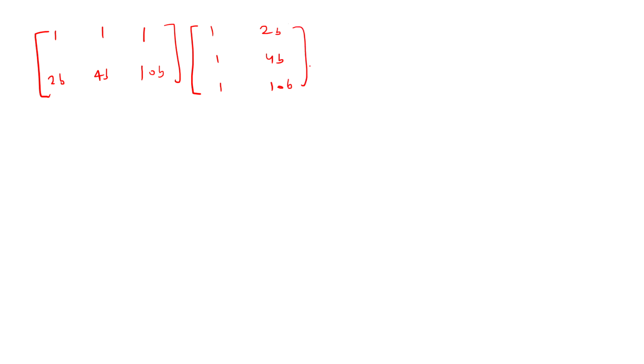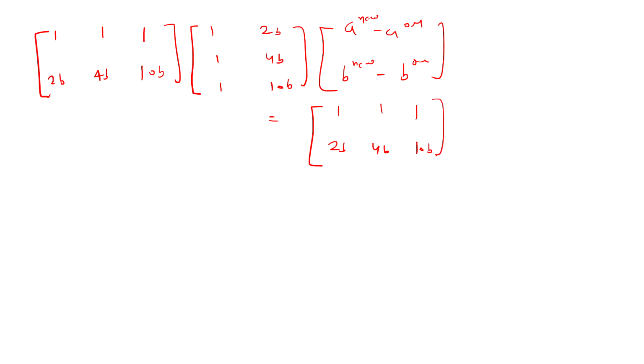So we have this 1 1 1, 2b x1 is 1, 2b x2 is 4b, 2b x3 is 10b, and then we have this 1 2b 1 4b 1 10b 10b, and then we have this a new minus a old, b new minus b old, and then the right side is made of 1 1 1, 2b 4b 10b, and then we have 3 minus a minus b square, 4 minus a minus 2b square, 5 minus a minus 5b square.